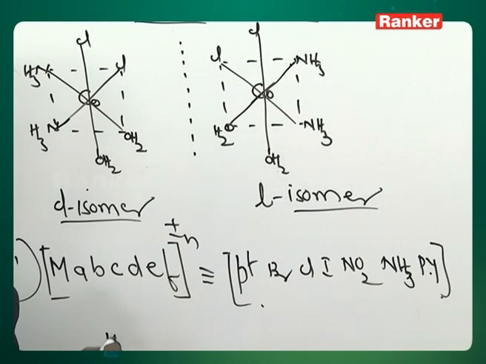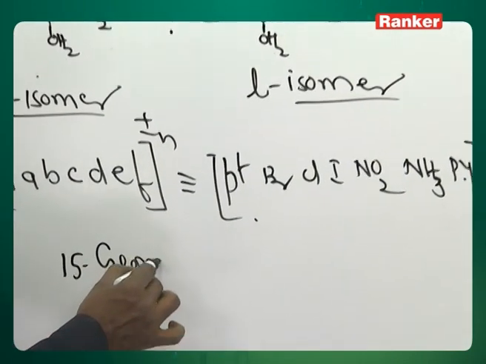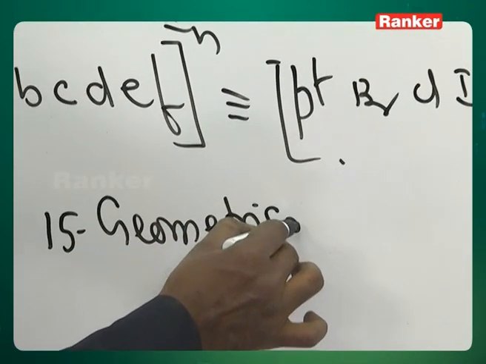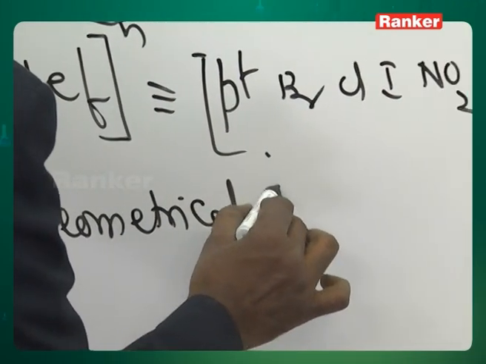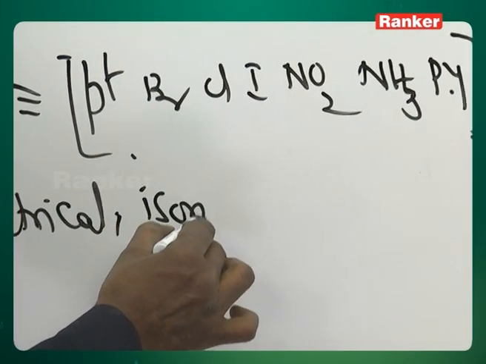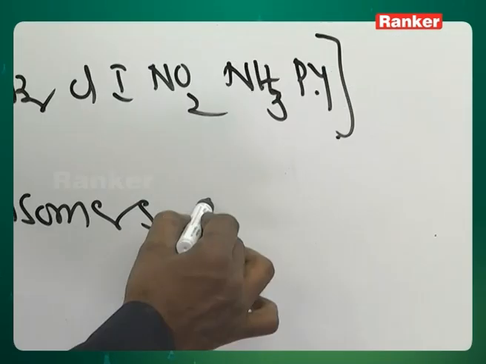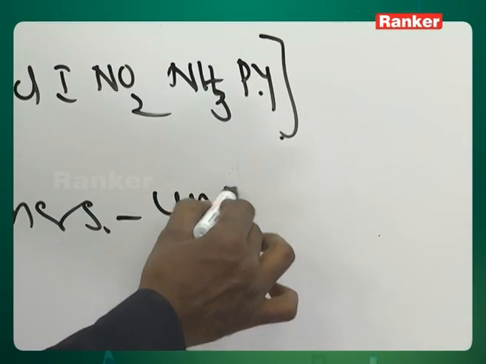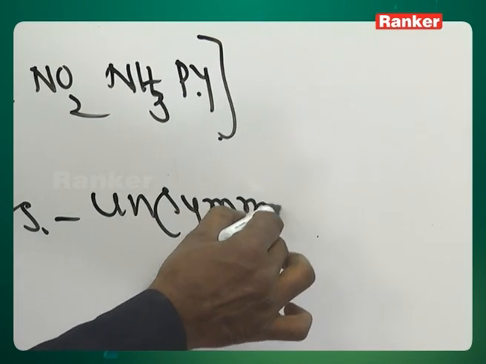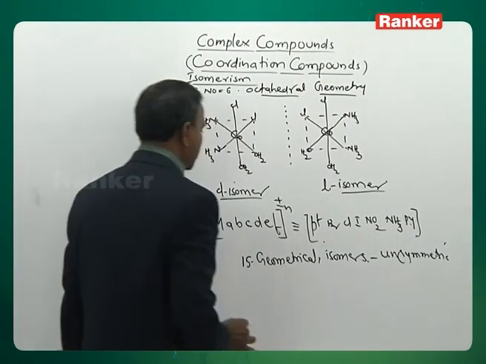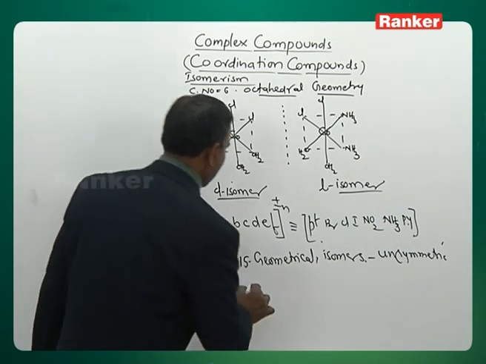So 15 geometrical isomers, all unsymmetric, so all are optically active.